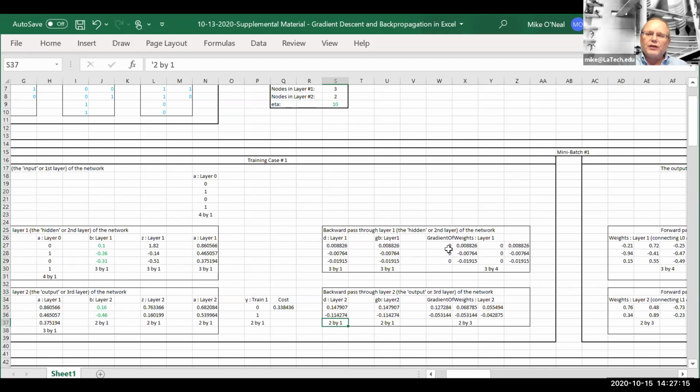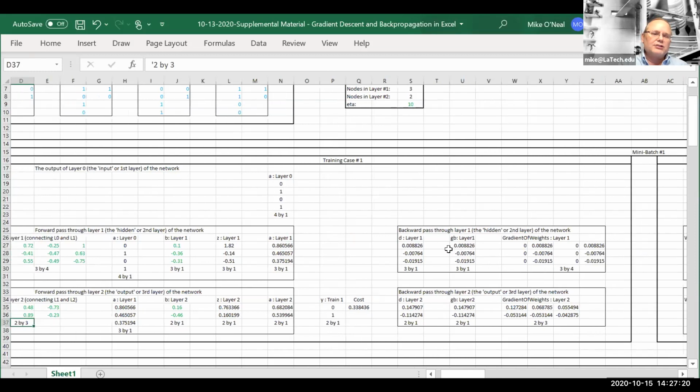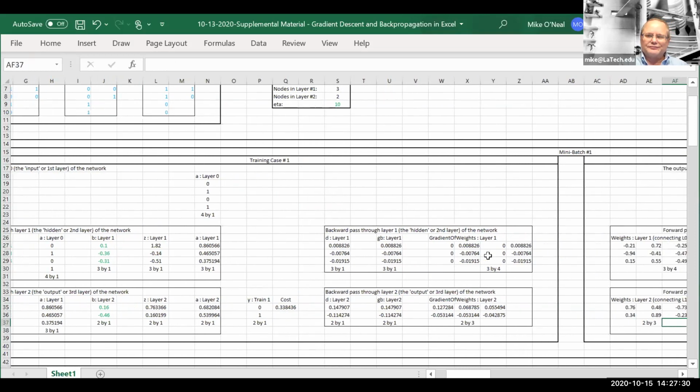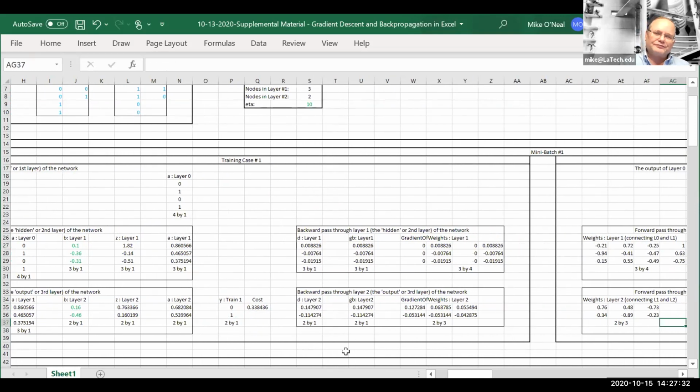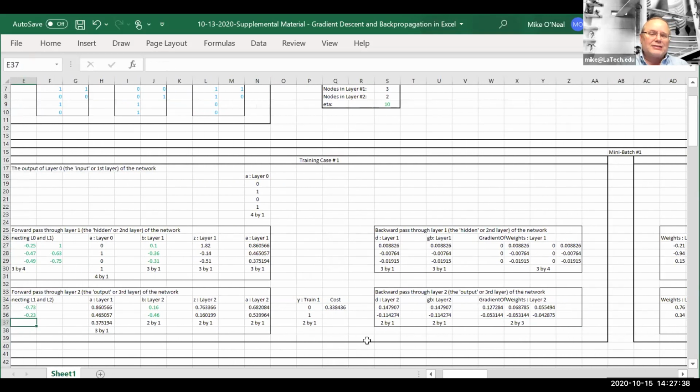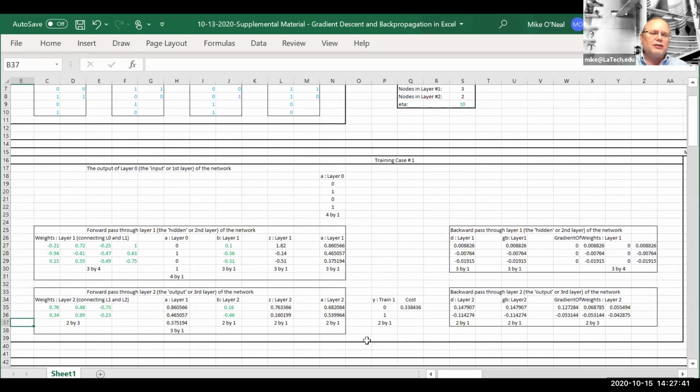This is a 3 by 4 because this is a 3 by 4. So if you've got 3 by 4 weights, you're going to have 3 by 4 weight gradients in that level. And there they are. So how did we compute the weight gradients? Well, we went over this last time, and we just looked at the equations again.